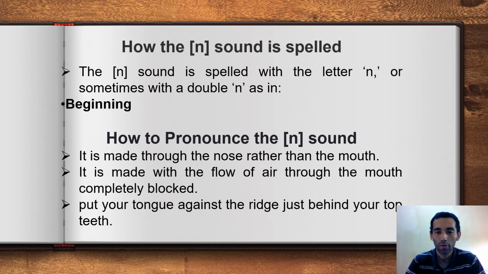And to pronounce the N sound, it is made through the nose rather than the mouth. It is made with the flow of air through the mouth completely blocked, and put your tongue against the ridge just behind your top teeth. This is very important information for you to spell it and to pronounce it.